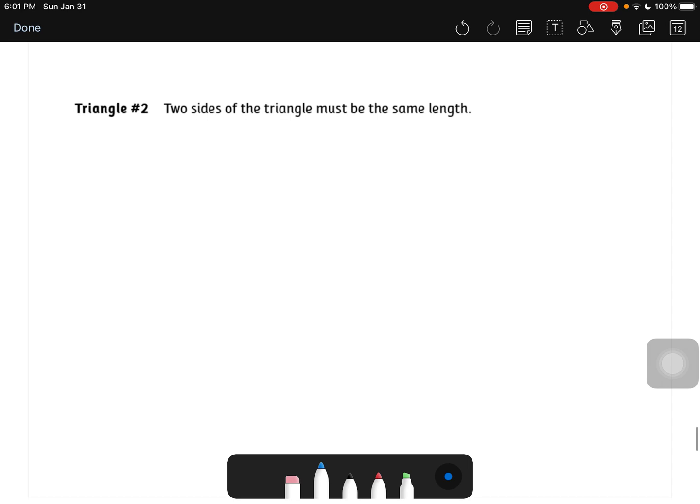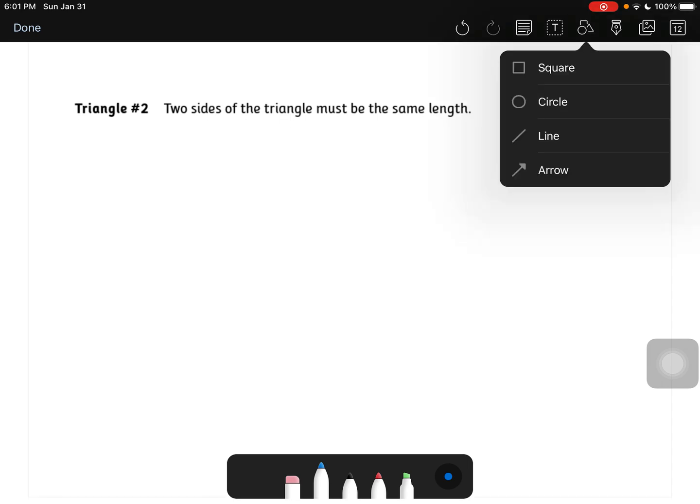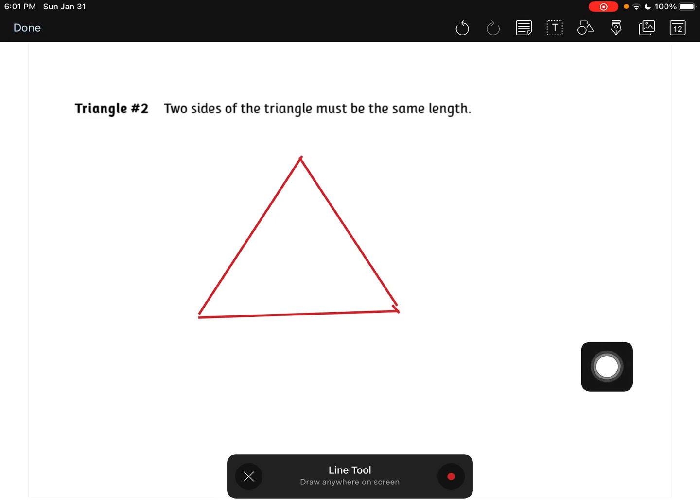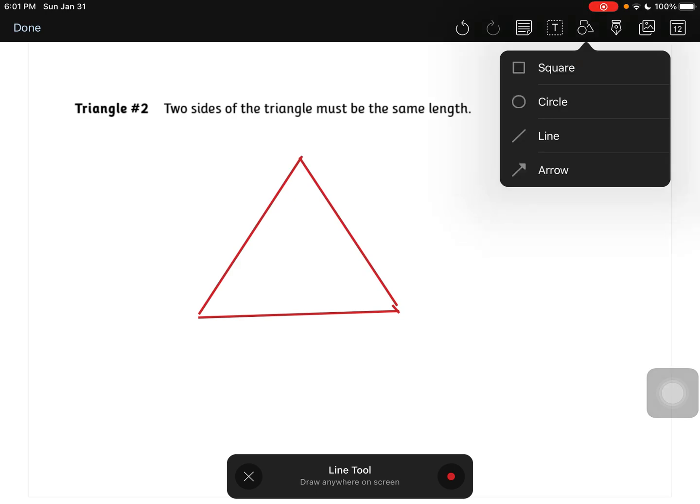It says 2 sides the same length. Okay, doing a triangle with 2 sides that are the same length. So if I was going to do that, I might get a triangle that looks kind of like this, maybe. Something like that. Close enough, I guess. But let's try that again, because I may have made all 3 sides the same length there, which I didn't want to do.